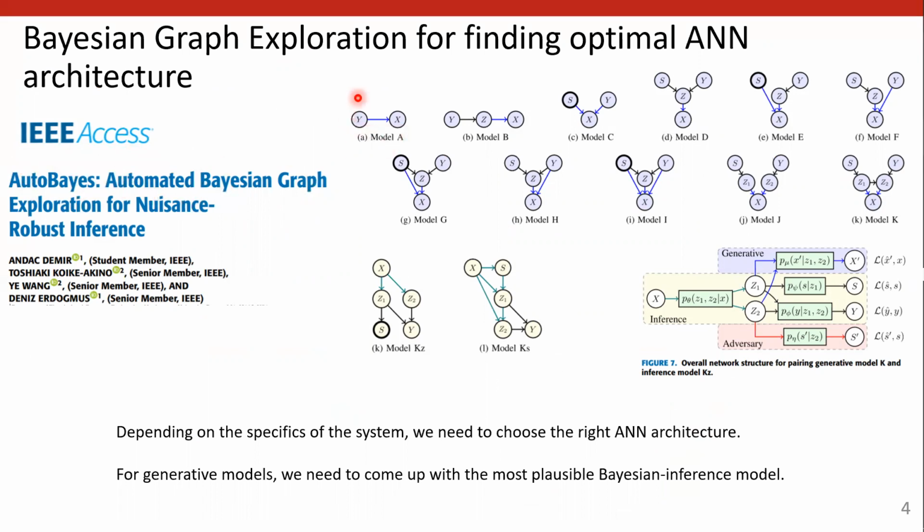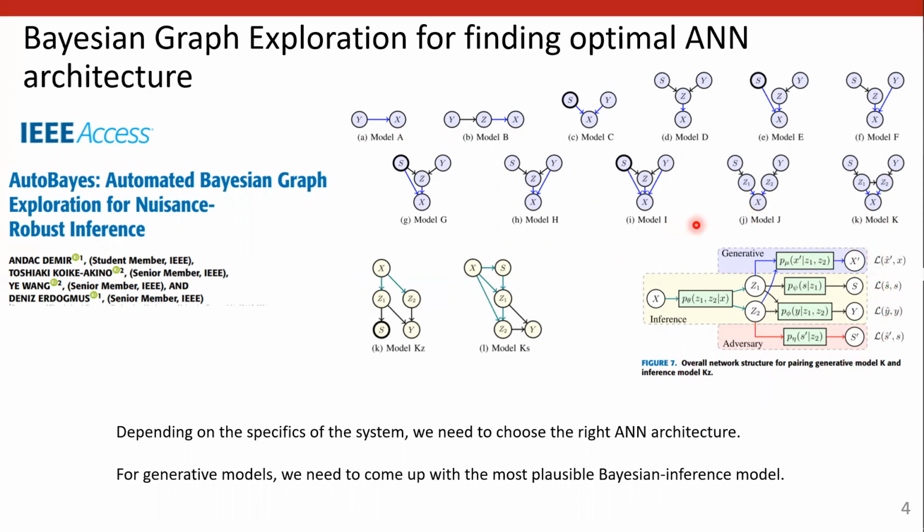You want to search for the right and optimal Bayesian or inference network architecture that assumes a certain statistical dependency model among the system variables. Depending on which model you choose to use, it's going to determine the network architecture for the problem.